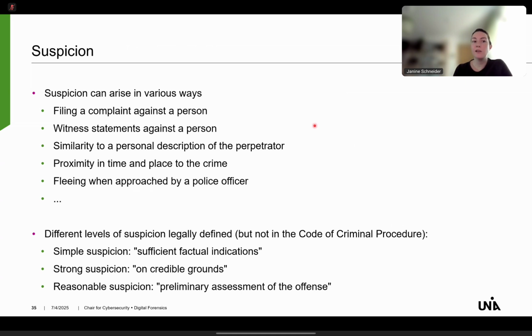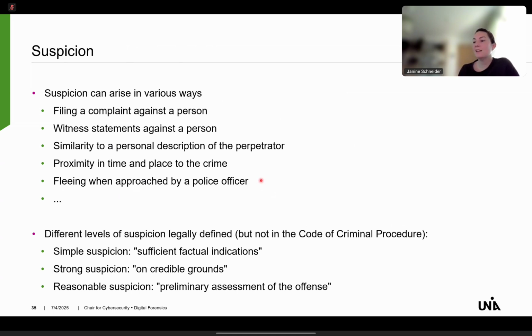Okay, so what can actually raise a suspicion? A suspicion can arise in various ways. For example, when a person is filing a complaint against another person, or if a witness testifies something, or if we have the description of a perpetrator, like I saw this person stealing this and that in the supermarket. A suspicion can also arise when somebody is fleeing when the police approaches.